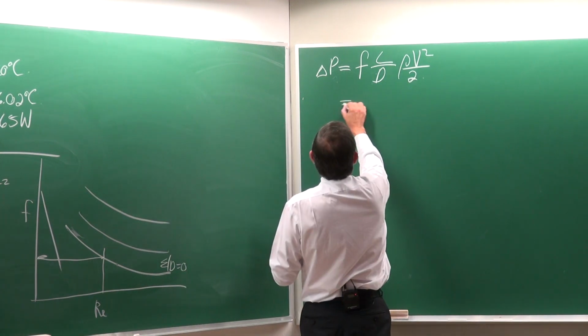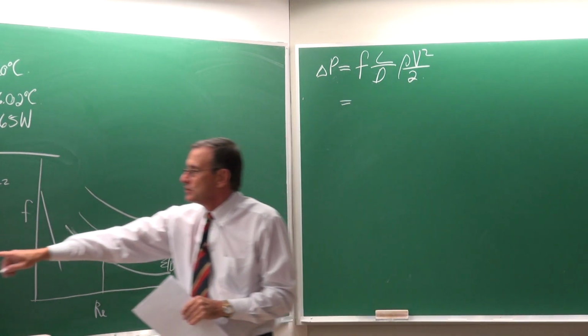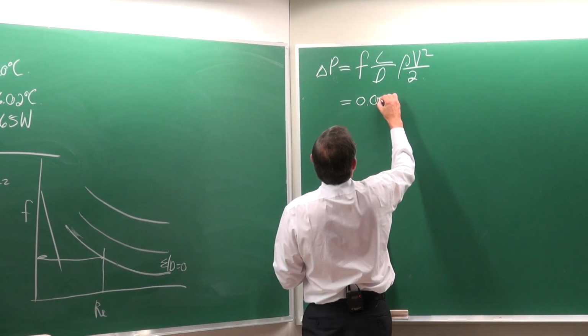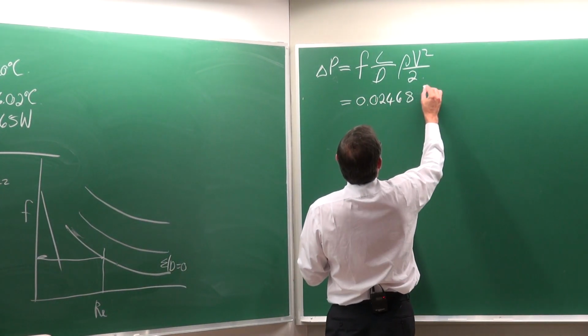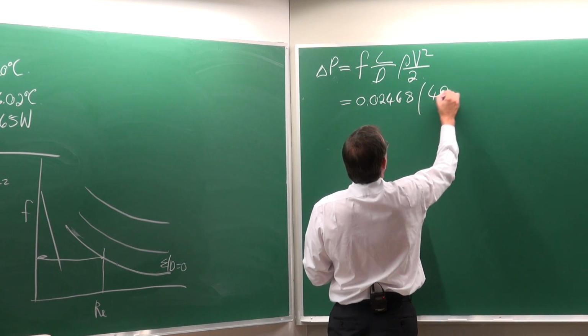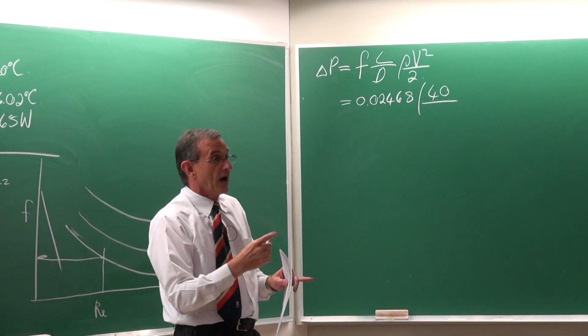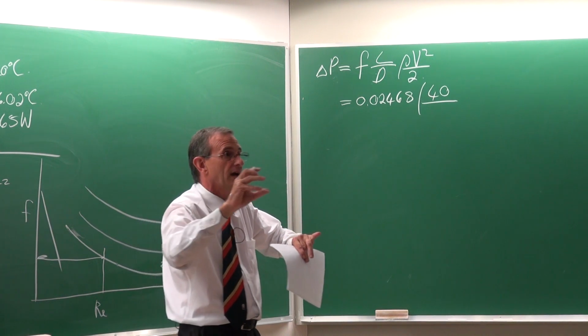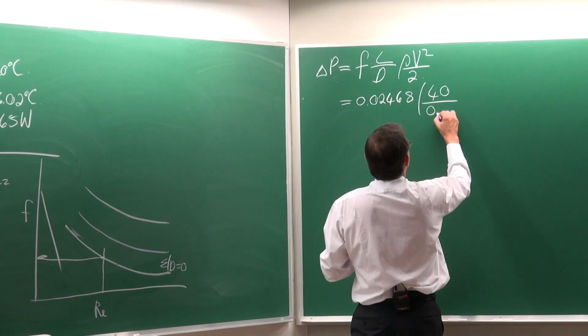And the friction factor, here it is, 0.02468. Let's put it in: 0.02468. The length of the tube is 40. The diameter, or the characteristic length, we use the hydraulic diameter, okay, 0.3.